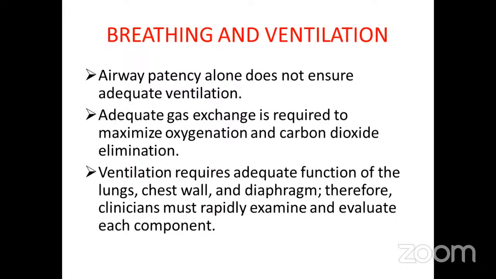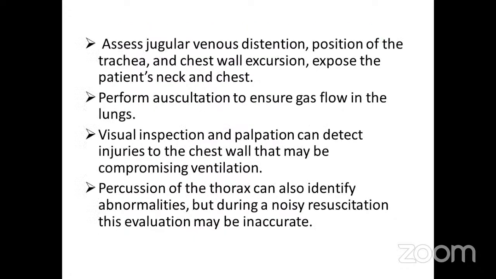So each and every component should be rapidly examined and evaluated. What all do we look for? We look for jugular venous distension, the position of the trachea and the chest wall movements, and perform auscultation. This is very difficult to do in a busy emergency department, like auscultation and percussion. But what we can do is a visual inspection and palpation of the entire chest.